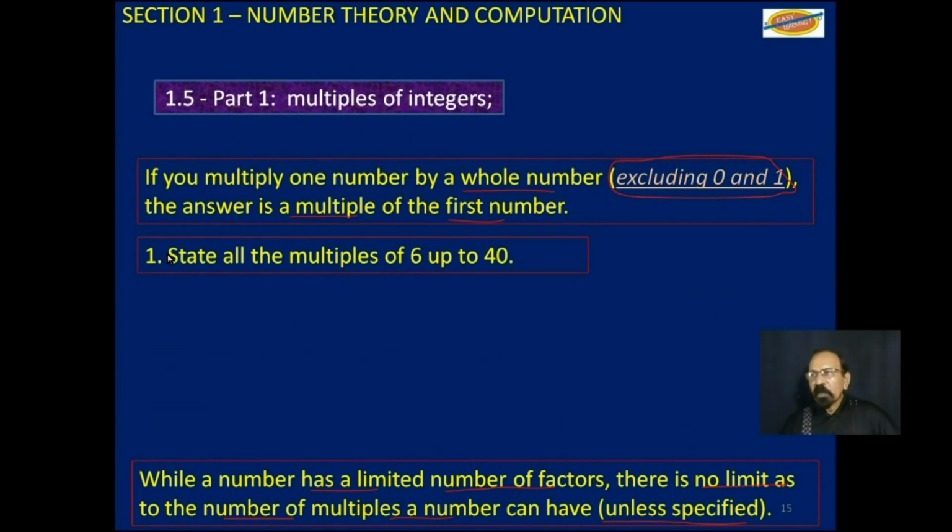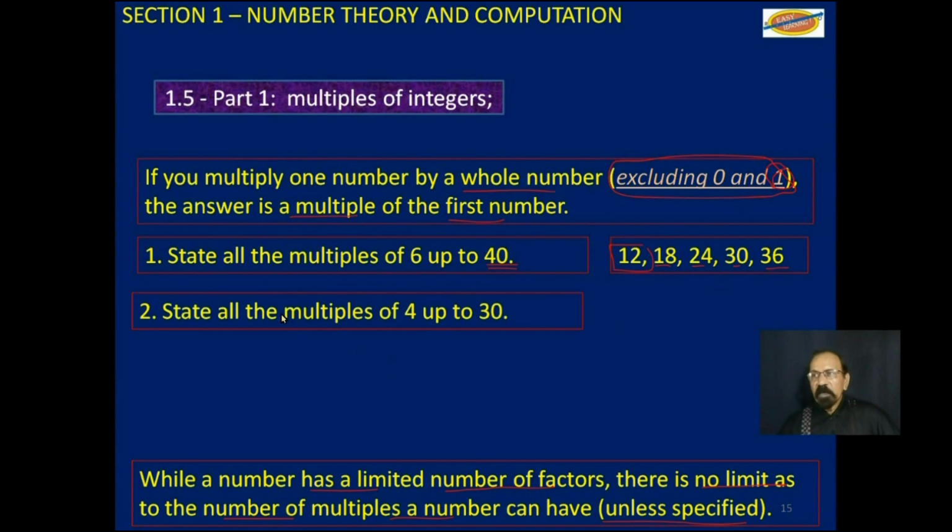So, state the multiples of 6 up to 40. Well, we did say that 6 itself doesn't count because you can't multiply 6 by 1. You only have one 6 there, not a multiplicity of 6s. And so in 12, at least you have two 6s, 12, 18, 24, 30, and 36.